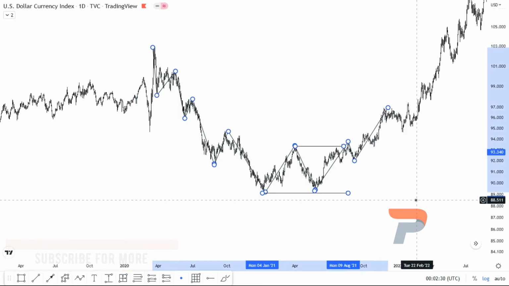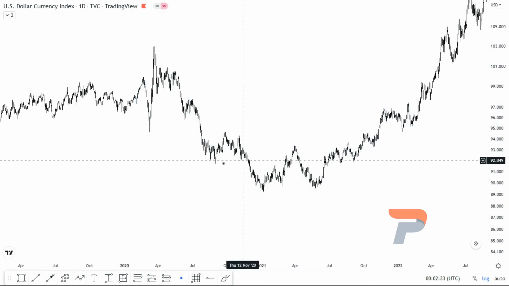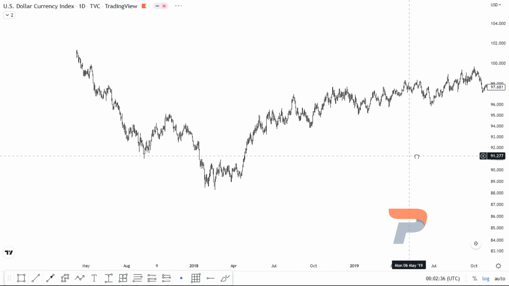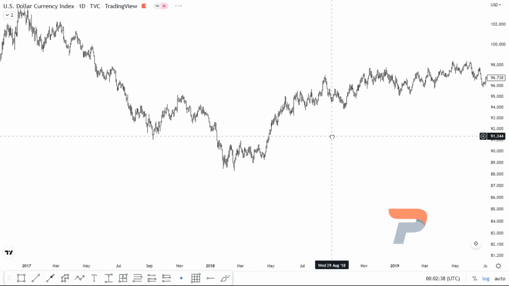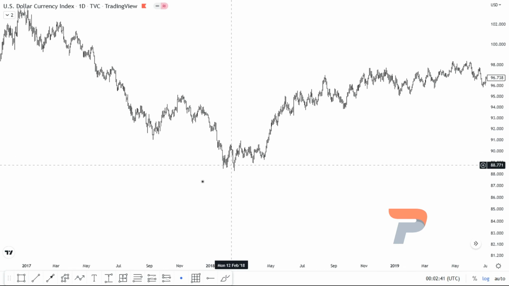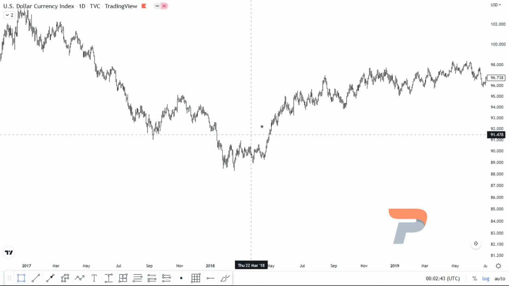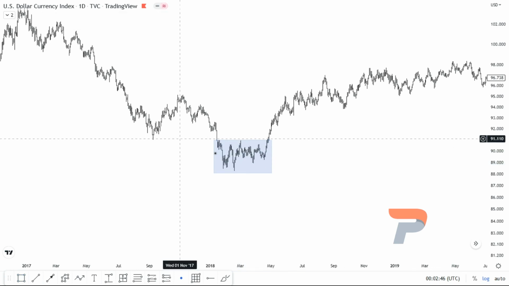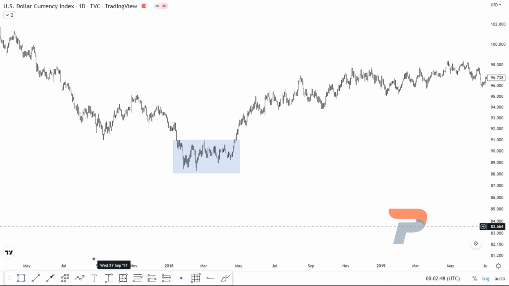Now, talking about a consolidating market, where we have the market just moving up and down, forming highs and lows. So this is a very nice example. So now at this particular place, you can see the market was just ranging, forming highs and lows.